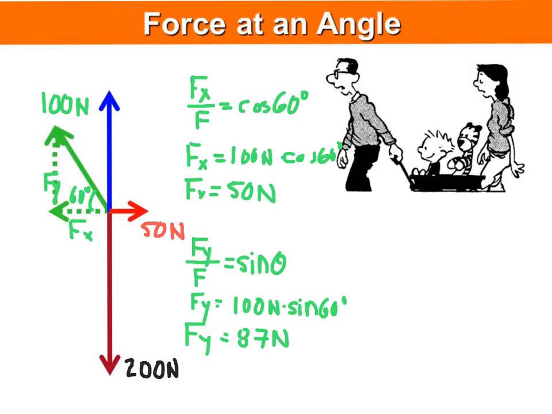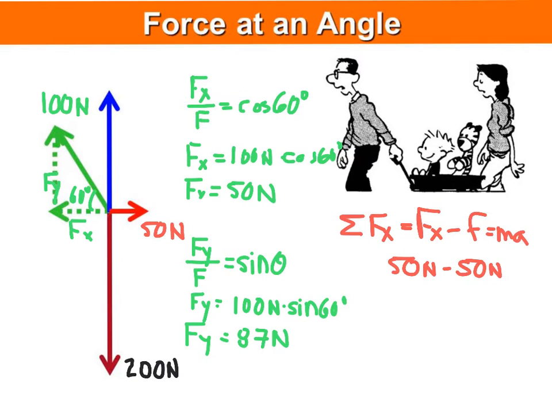In this case, we could now say that the sum of all the forces in the x direction is equal to his forward force, Fx, minus friction equals ma. So our forward force is 50 newtons, minus the friction of 50 newtons equals mass times acceleration, which tells us we're not speeding up or slowing down in the horizontal direction.